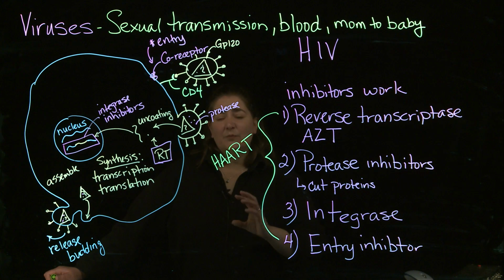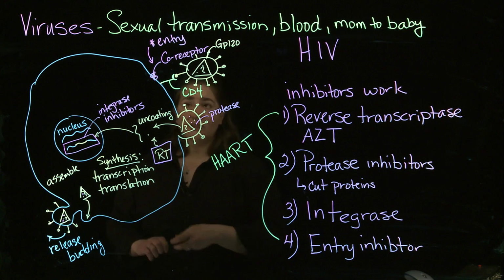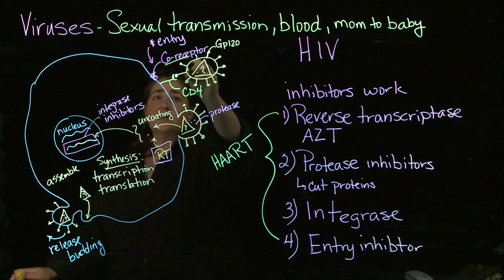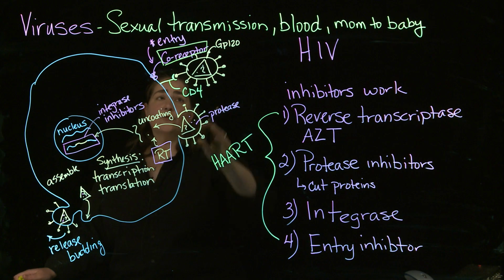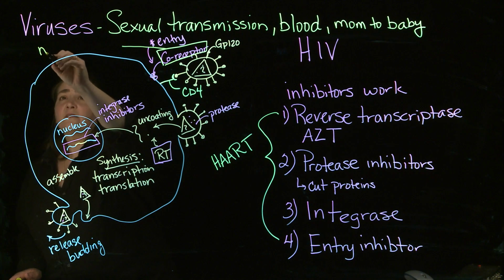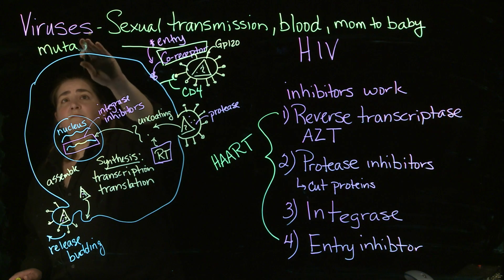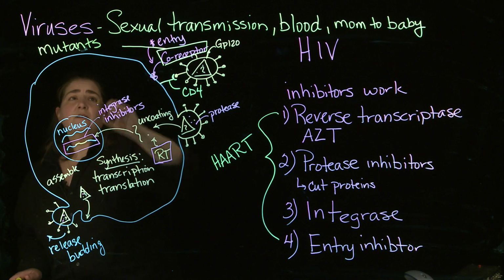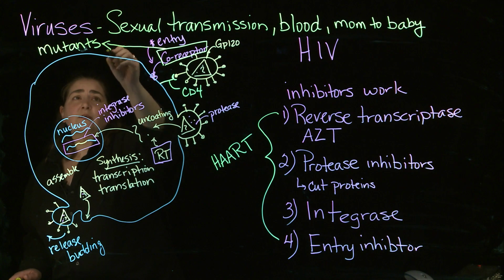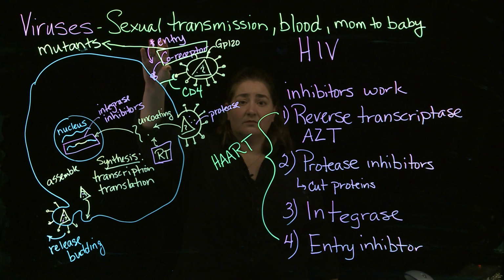The last bit I want to talk to you about that's kind of unique associated with the HIV virus, I talked a little bit about needing that co-receptor in order for the virus to gain entry into the cell. There are people out in the population who have a mutation in this co-receptor.